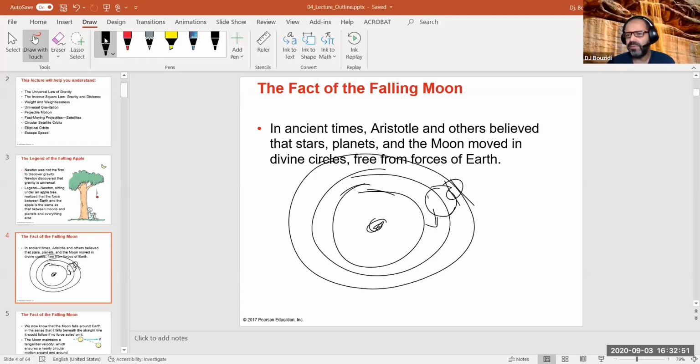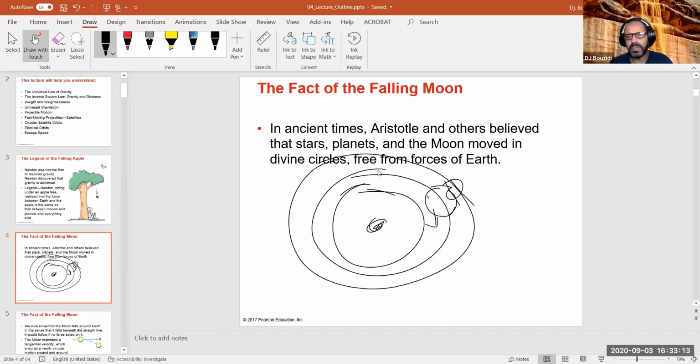The picture got very, very complicated trying to explain these motions. That's why Copernicus, who also believed in the circular paths, solved this issue to some extent with circle within circle within circle. Okay, so that's basically how these facts fit.